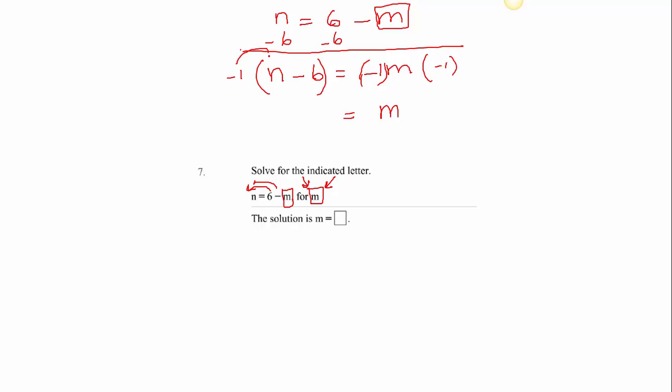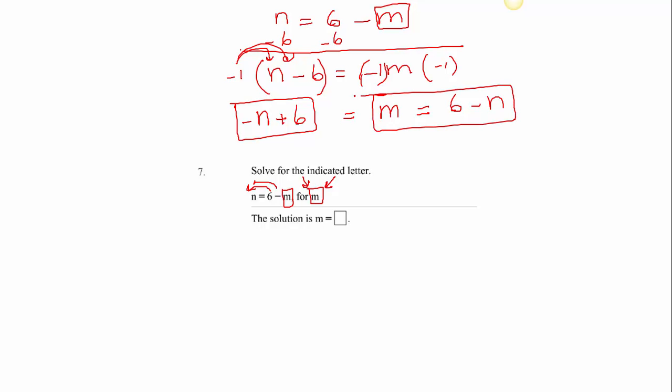On this side, I have to distribute the negative 1. So this is negative n. Negative 1 times negative 6 is plus 6. So you can either write the final answer as negative n plus 6, or you can write it as 6 minus n. Either way is correct.